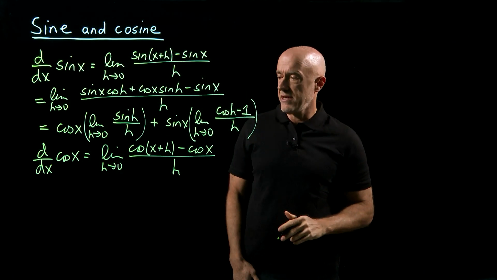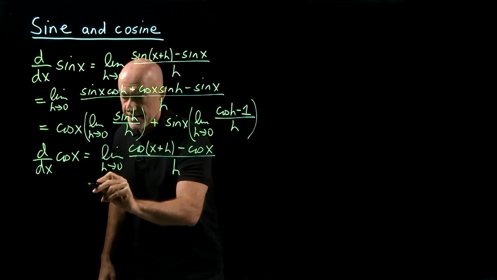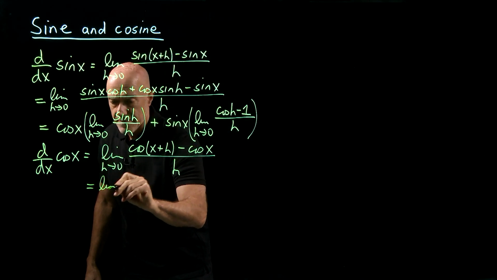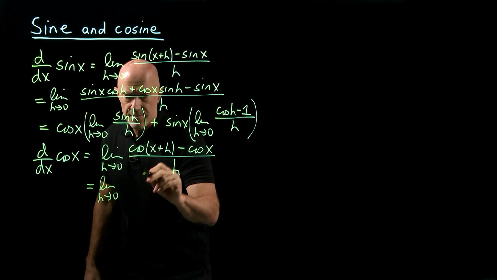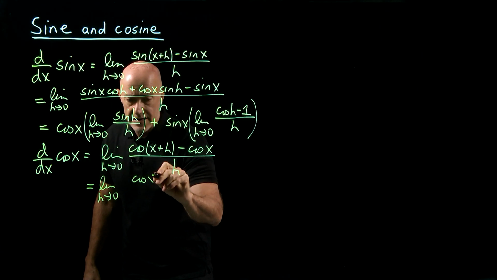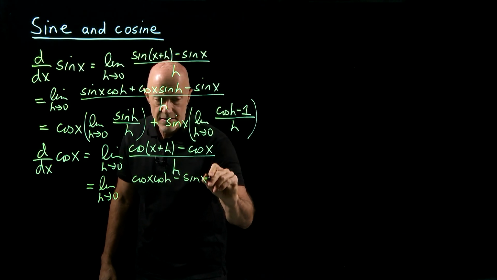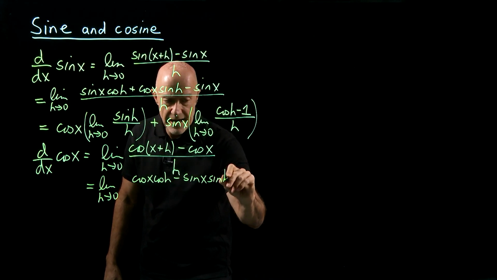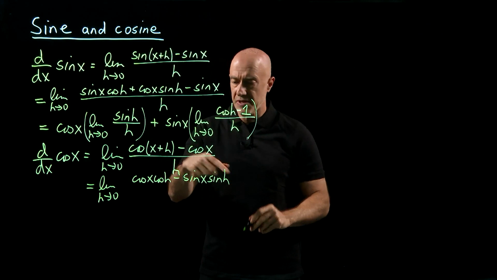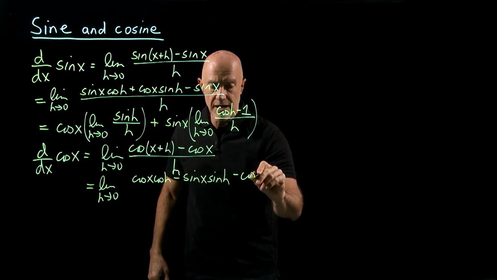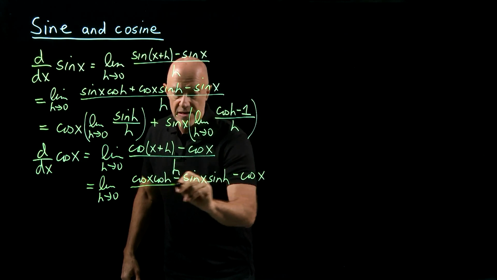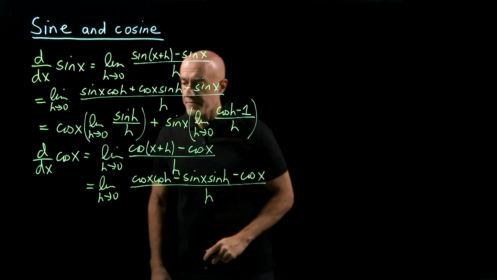Again, we can use the addition formula for cosine. So that's the limit as h goes to 0 of cosine x cosine h minus sine x sine h for cosine x plus h, minus cosine x, divided by h.